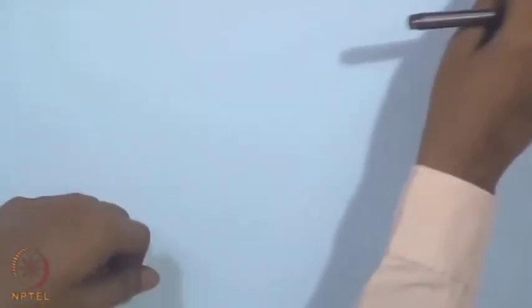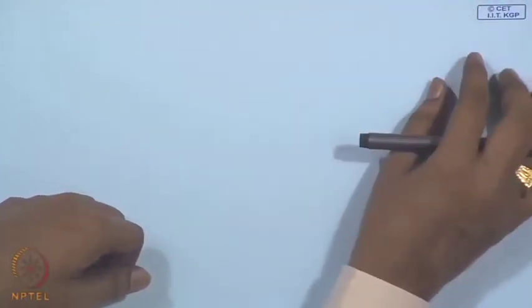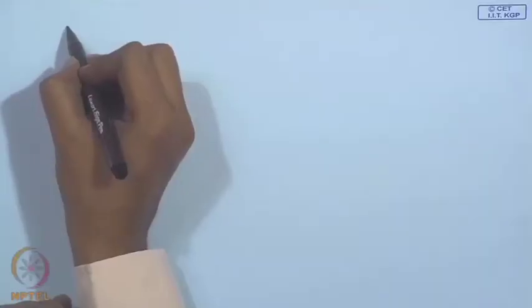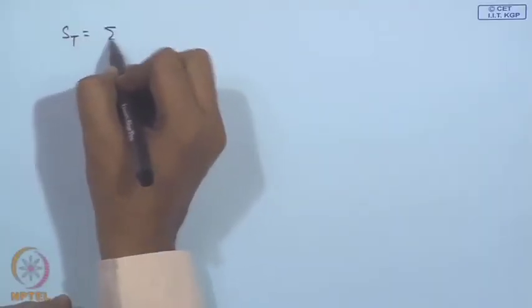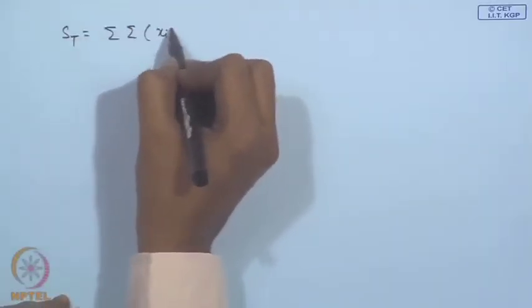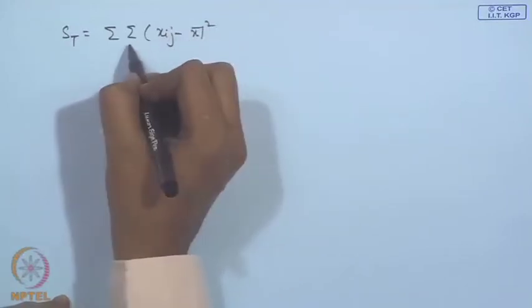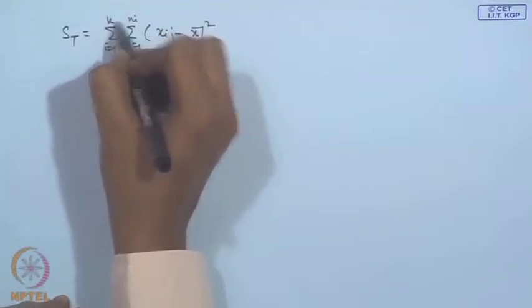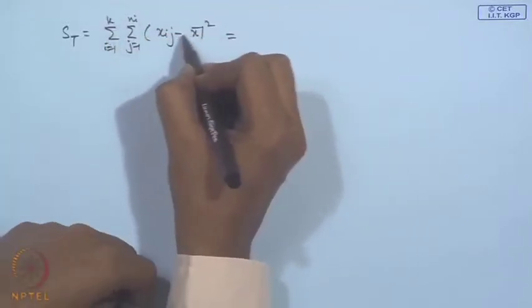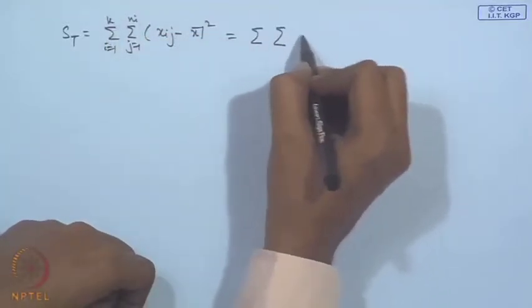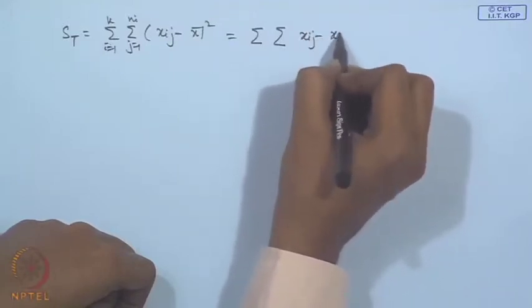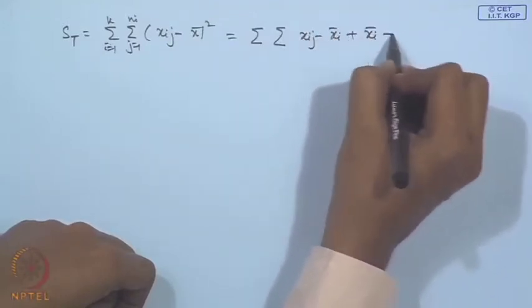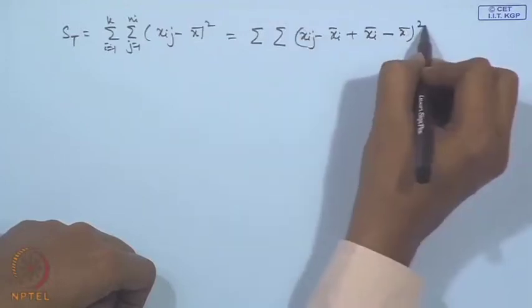So, the purpose of writing this S_w and S_t is to explain the type of terms that we are getting, and this S_t you can actually write as double summation (x_ij minus x bar) square. Here you add and subtract x_i bar. So, this gives me (x_ij minus x_i bar plus x_i bar minus x bar) whole square.